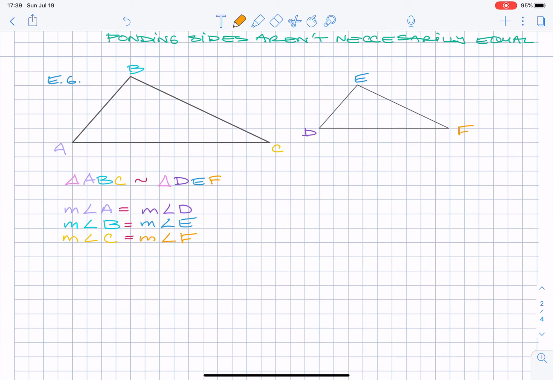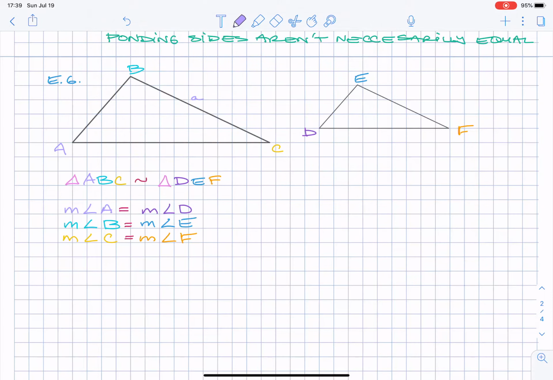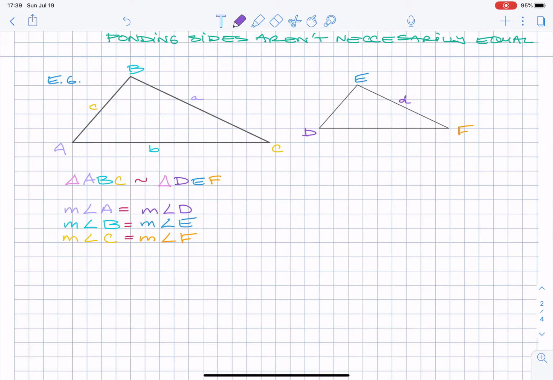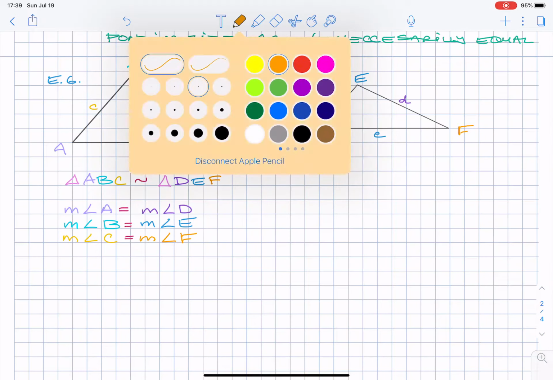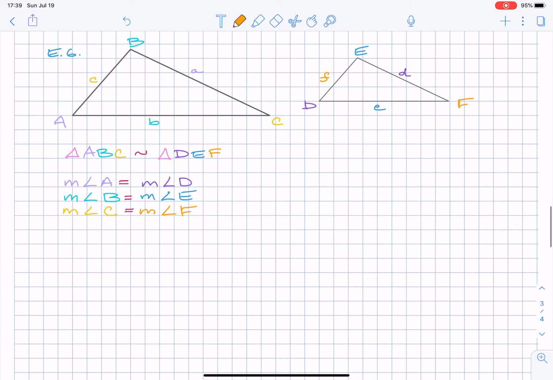However, their sides are not the same, so the opposite sides, of course, will be little a, little b, and little c respectively on the left, whereas on the right it'll be little d, little e, and little f respectively. However, the ratios of corresponding sides are equal.